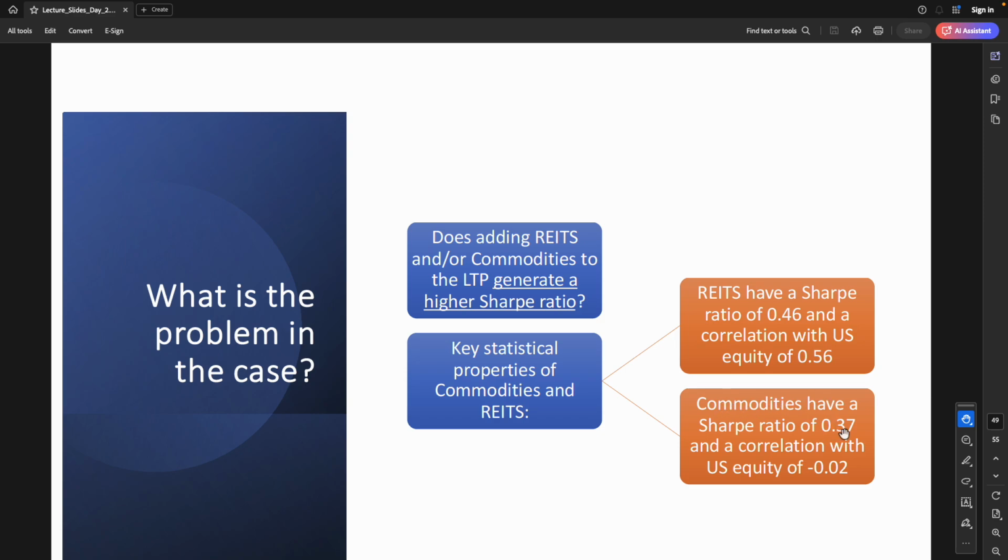So all else equal, I see that REITs have a steeper Sharpe ratio or a steeper slope if I simply look at risk premium per unit of volatility between REITs and commodities. So all else equal, I see that REITs are attractive.